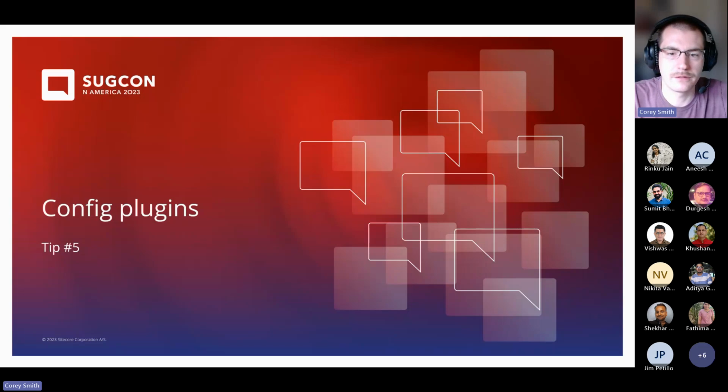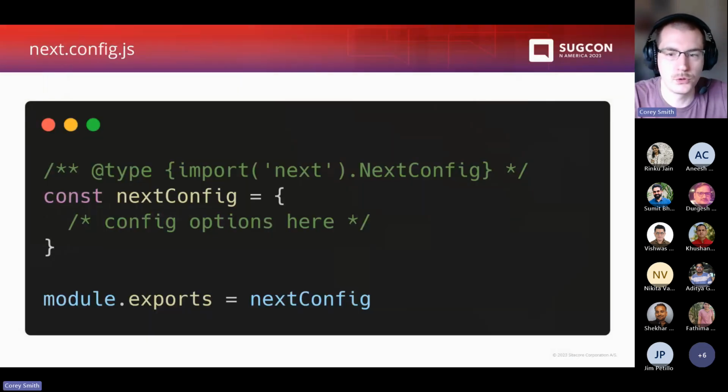All right, for this tip, we'll look at a feature in the Sitecore Next.js SDK that will help you with upgrades of the SDK, and that's Next.js config plugins. So in the root of your Next.js application, there's a next.config.js where you can configure all of Next.js's settings. With a new Sitecore Next.js application, the Next.js config already has a bunch of stuff configured.